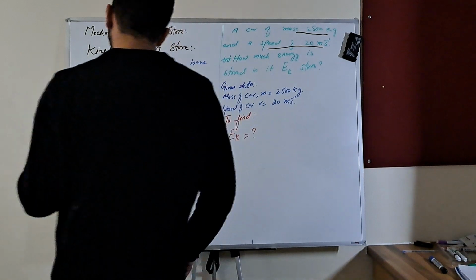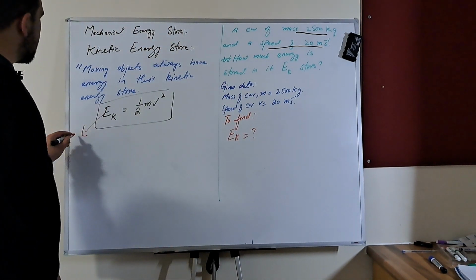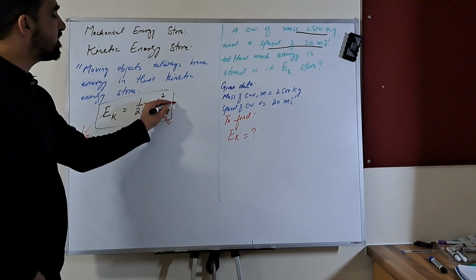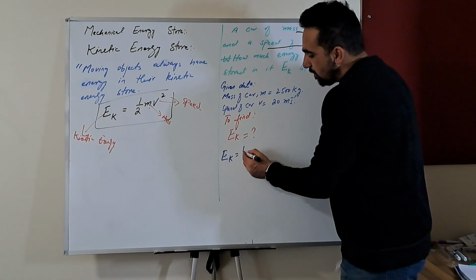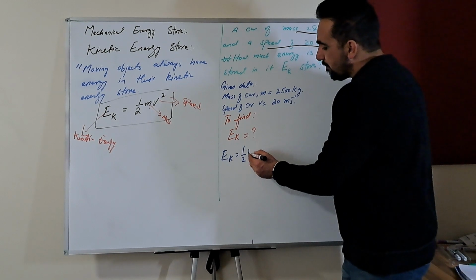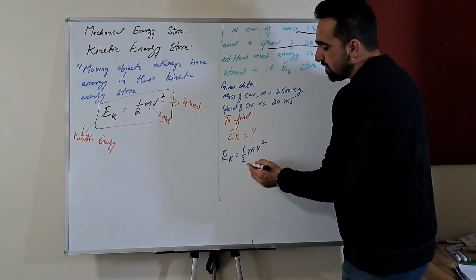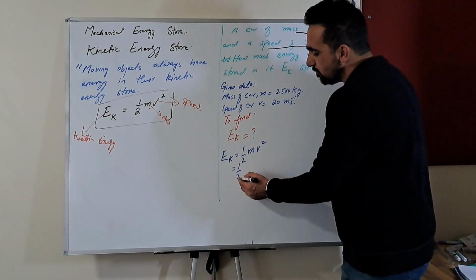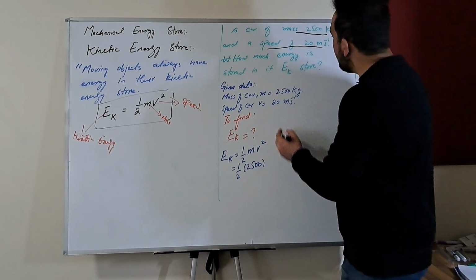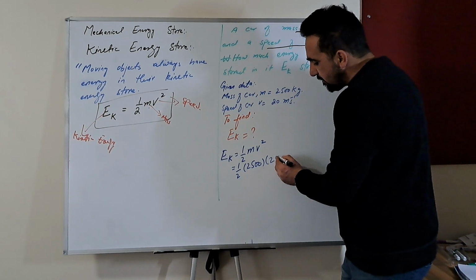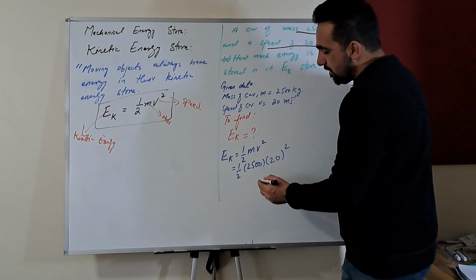So the solution will be, because this is kinetic energy, this is mass, and this is speed, we use this equation: Ek is equal to 1 by 2 m v squared. 1 by 2, mass is 2500 and speed is 20, squared.